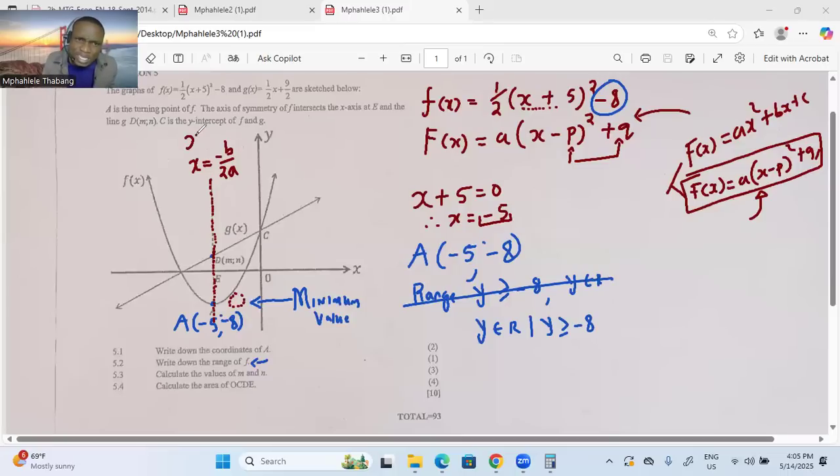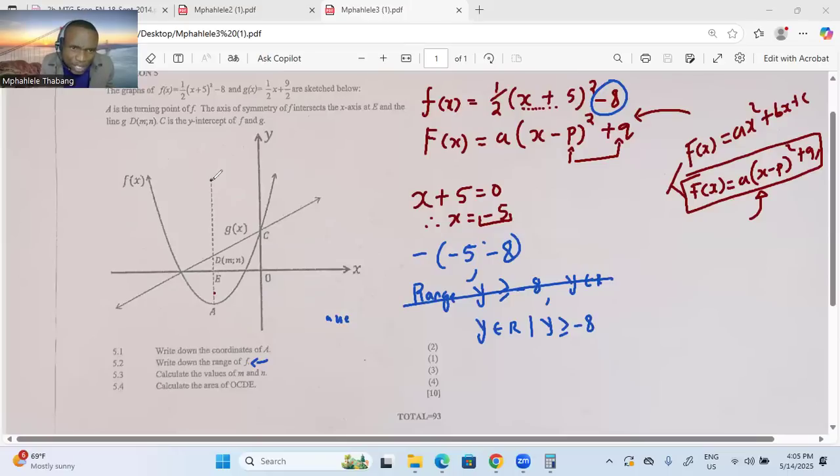So we know that the equation of the axis of symmetry is x equals -5, which means that at D, the m coordinate is -5. Why am I saying at D, the x coordinate is -5? Remember, this is the line of symmetry.